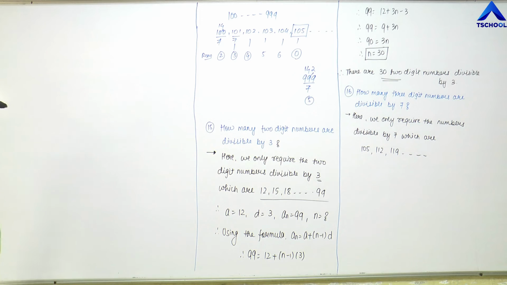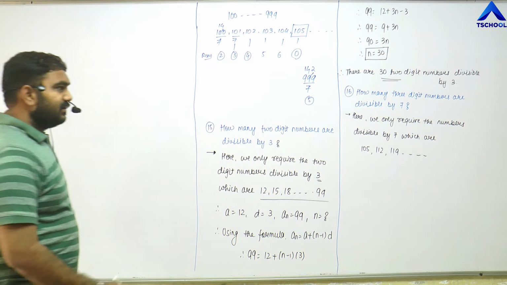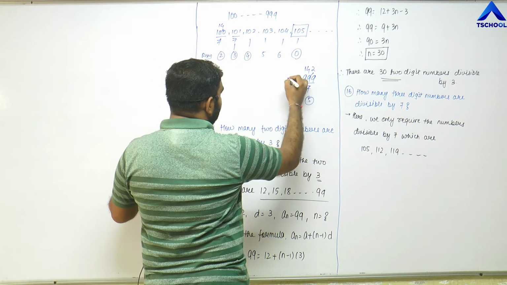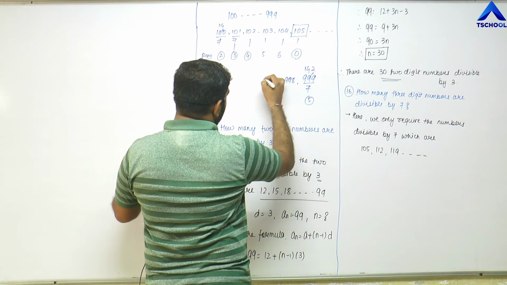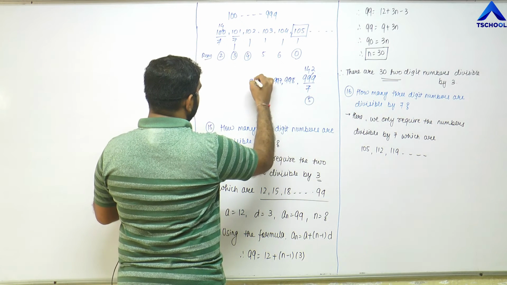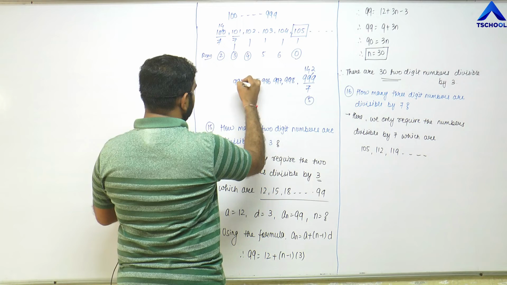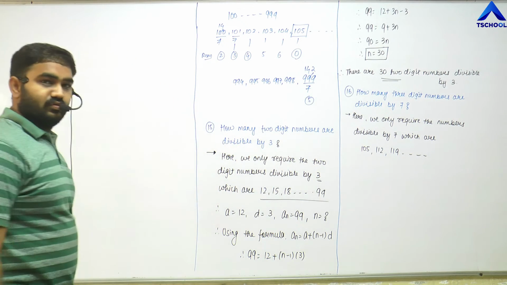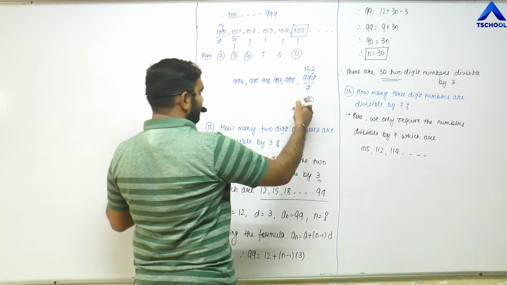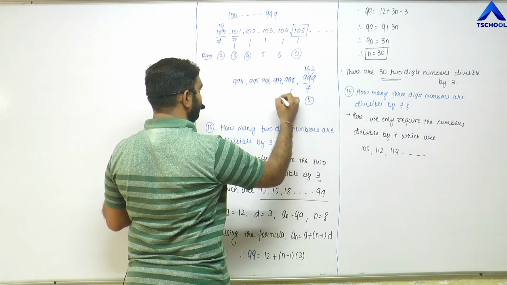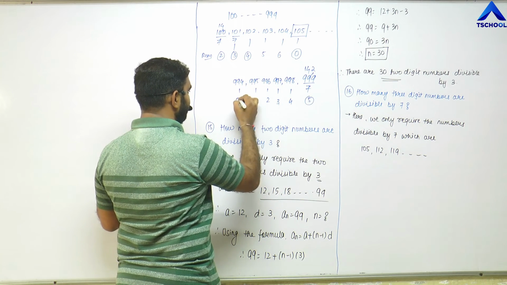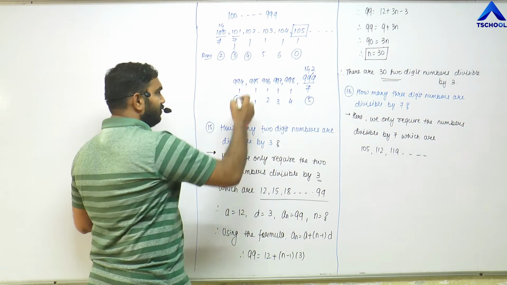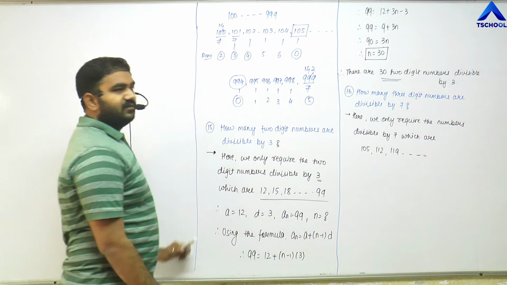Now again we shall go further, that means we are now going to get 998, 997, 996, 995, 994, and so on, right? So here if it is 5, then here it must be 4, 3, 2, 1, and the remainder here must be 0. Friends, try it by yourself, right?